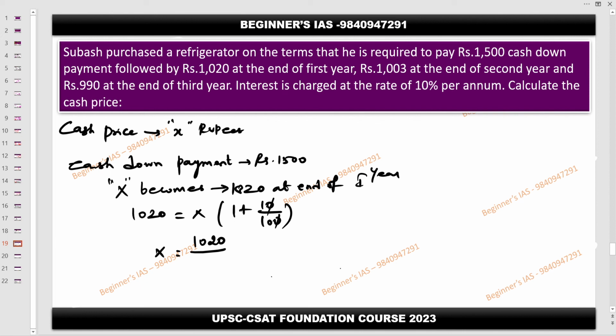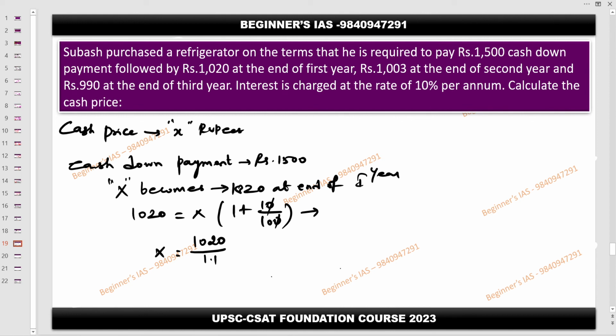Shall I write 10 by 11? This one is nothing but 11 by 10, so if you cross multiply, it will become 10 by 11. Or else simply you can write 11 by 10, which is nothing but 1.1. Clear?